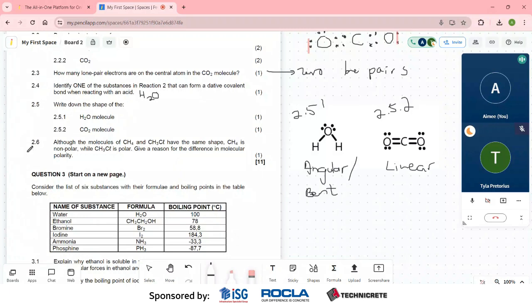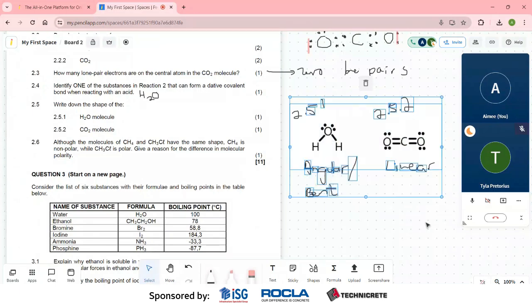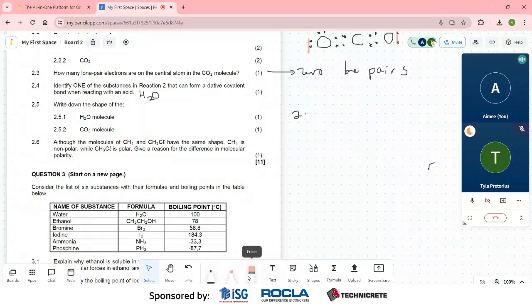Okay, 2.6: although the molecules of CH4 and CH3Cl have the same shape, CH4 is nonpolar while CH3Cl is polar. Give a reason for the difference in molecular polarity. Okay, so again, I'm just going to make some space and draw them for you.